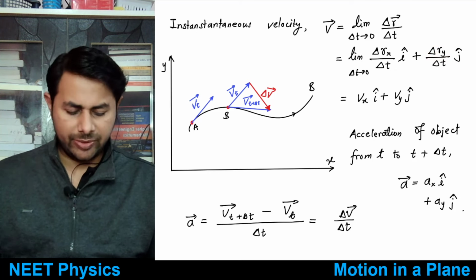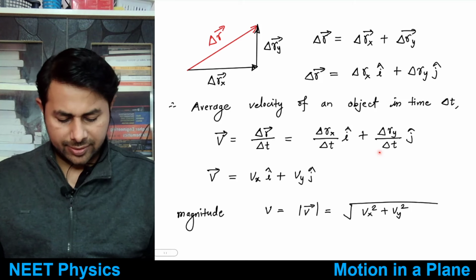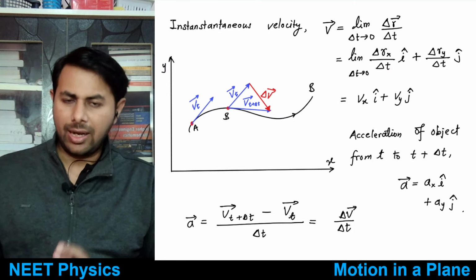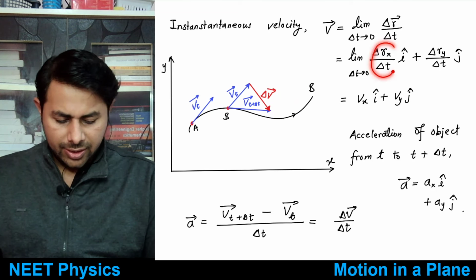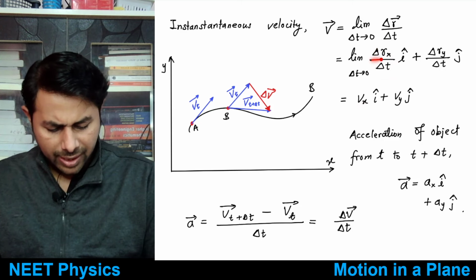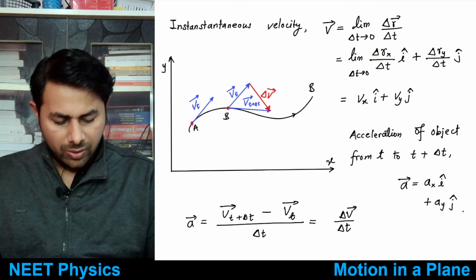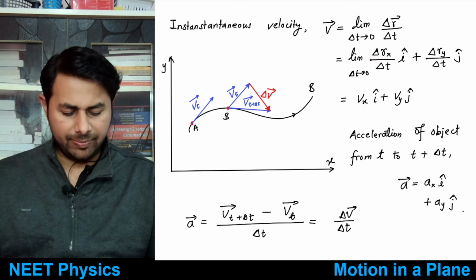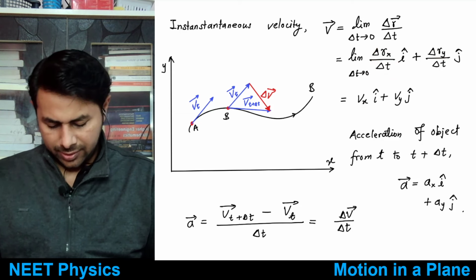What's the difference between this case and this case? So there we found the average velocity. Here what is vx? It is the derivative of rx with respect to time. What is vy? It's the derivative of ry with respect to time, right?